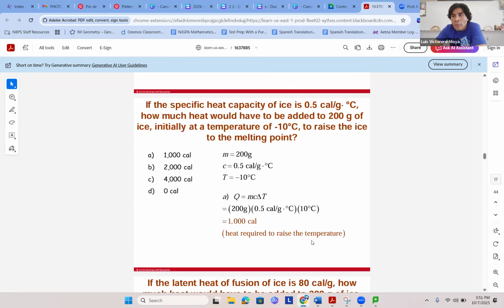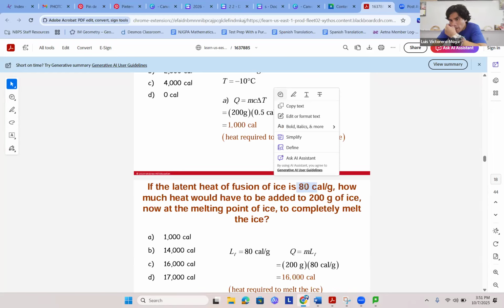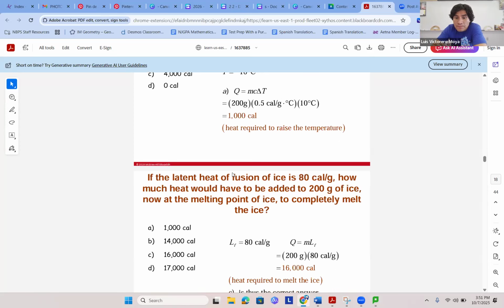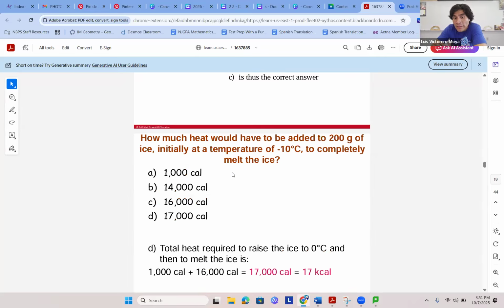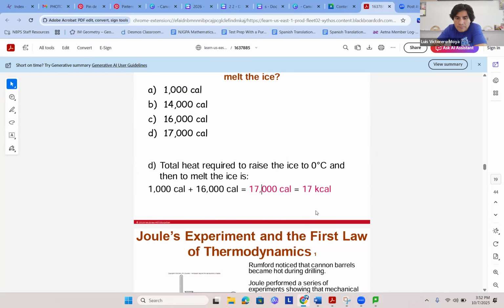And to evaporate water is even more, because the latent heat of vaporization is not 80, it's 540 calories per gram. So way more energy to vaporize water than to melt ice. Sometimes you use kilocalories, by the way, instead of writing 17,017 calories.